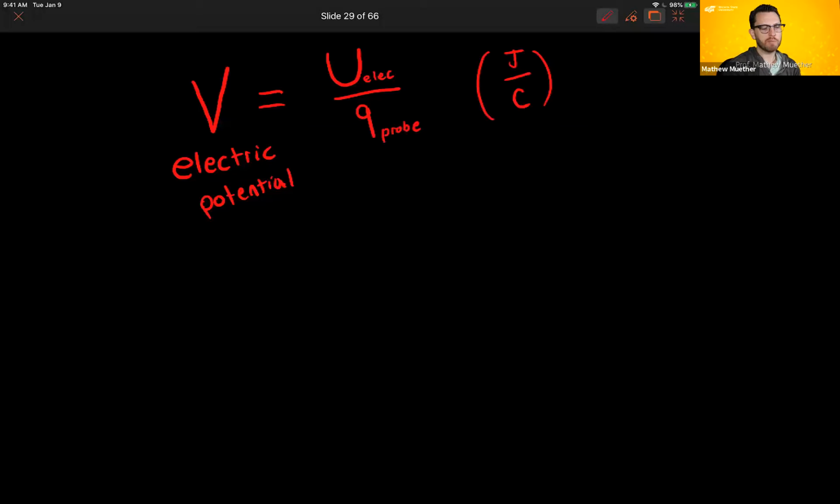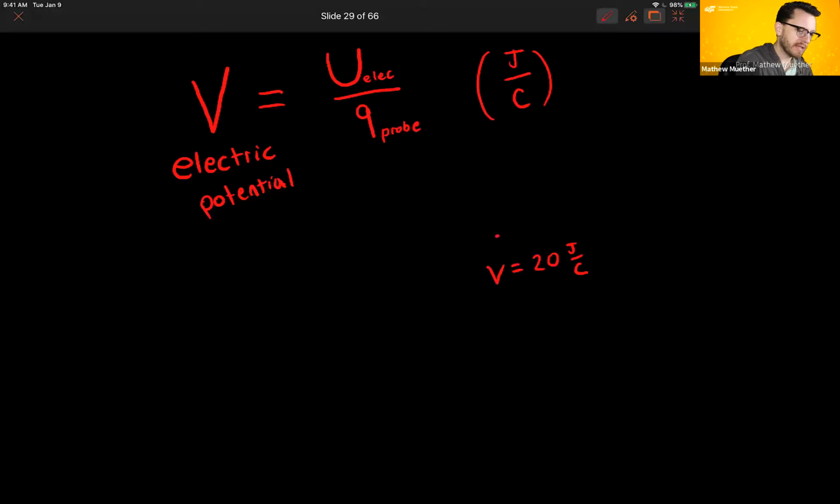It tells me the potential energy that some particle would gain at a point in space that has that electric potential if I place a probe charge Q at that point in space. So what does that mean? It means if I knew that at this point in space the electric potential was equal to, say, 20 joules per coulomb, okay?